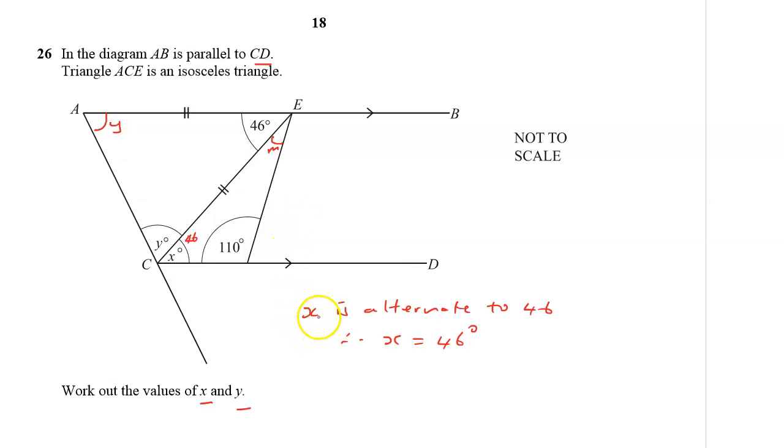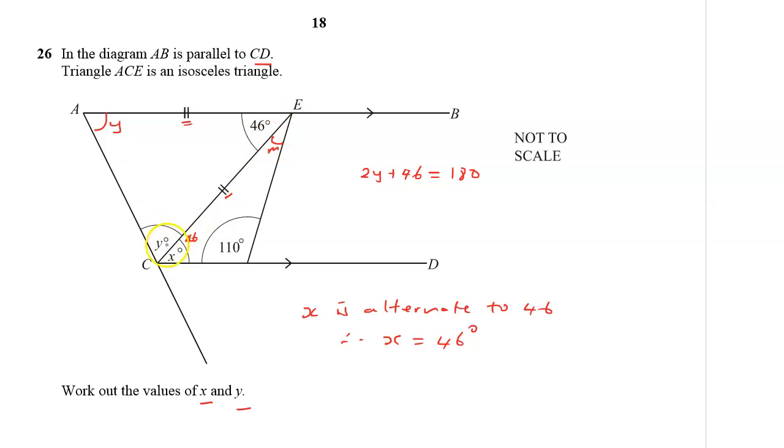So that tells us that 2y plus 46 gives us 180. Of course, how do we know this is an isosceles triangle? Because of these markings there.